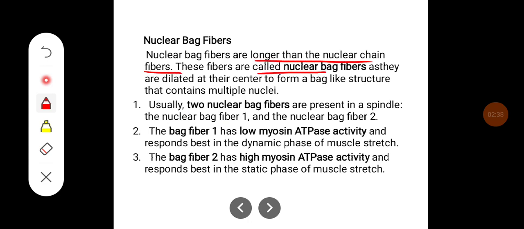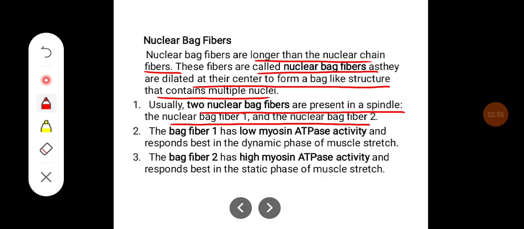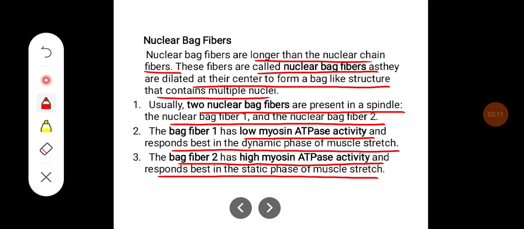These fibers are called nuclear bag fibers as they are dilated at their center to form a bag-like structure that contains multiple nuclei. Usually two nuclear bag fibers are present in a spindle, the nuclear bag fiber 1 and nuclear bag fiber 2. The bag fiber 1 has low myosin ATPase activity and responds best in the dynamic phase of the muscle stretch, and bag fiber 2 has a high myosin ATPase activity and responds best in the static phase of the muscle stretch.